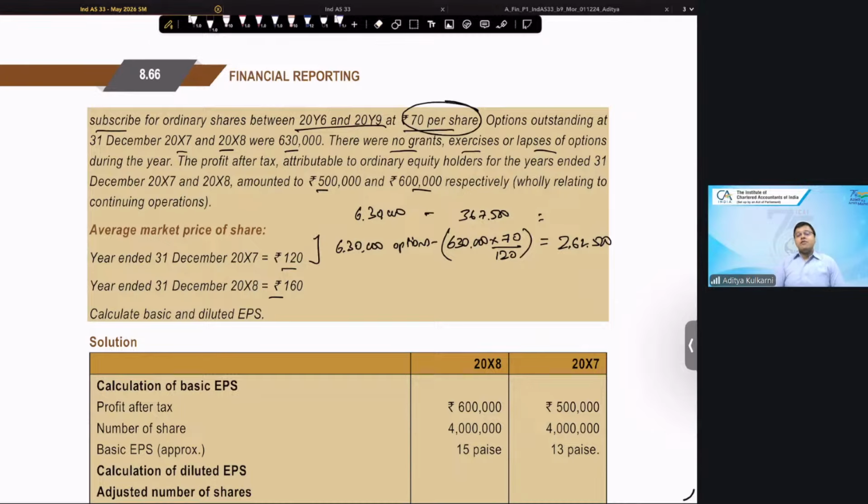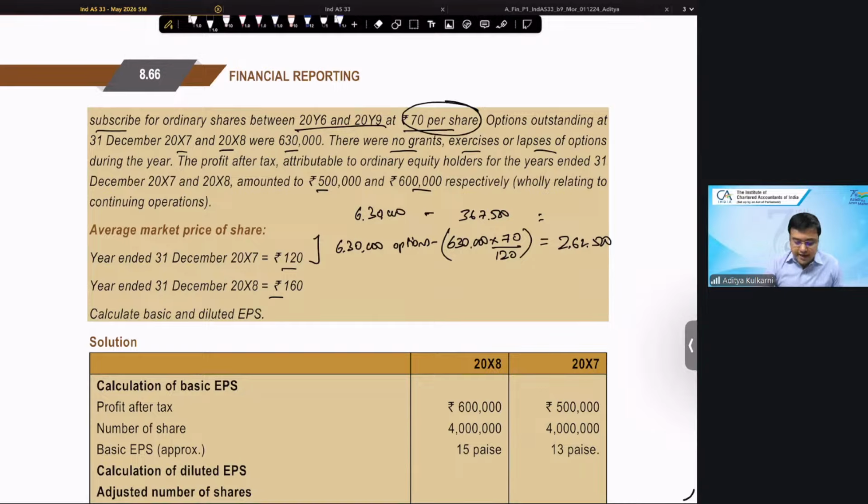No, sir. We will have to issue shares in the future, and profit will be shared on those shares. How many will we issue? 6,30,000, right, in this case. But against 6,30,000, you are getting money in the future, right?